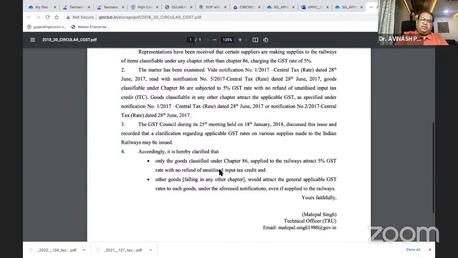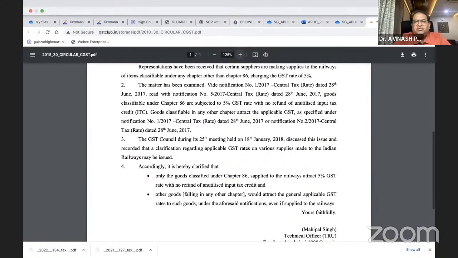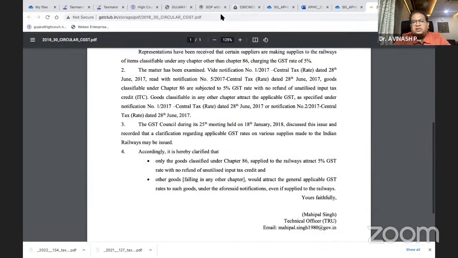This is very clear: chapter 86. Other goods falling in any other chapter would attract the general applicable GST rate under the aforesaid notifications, even if supplied to the railway. So therefore, that will not include the rate of 5%. It will be as per the general rate which is applicable in that respective tariff for the respective item.